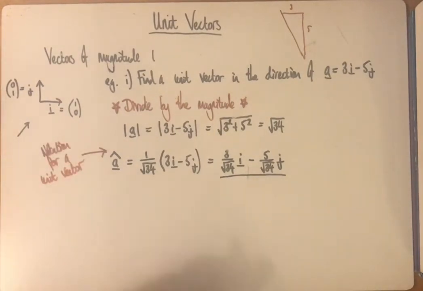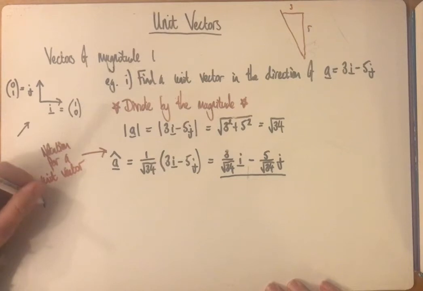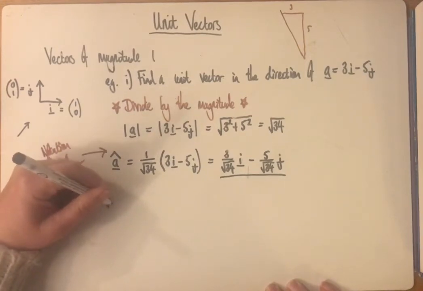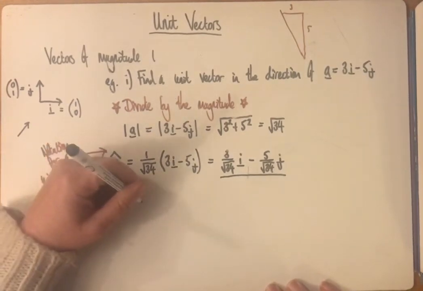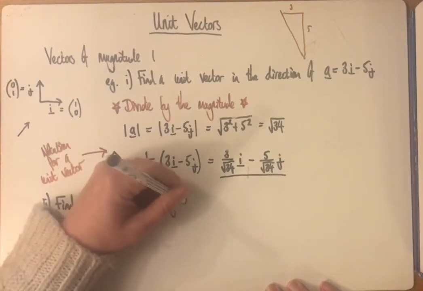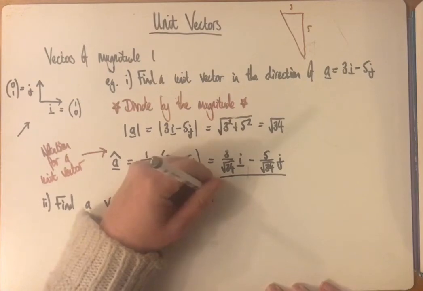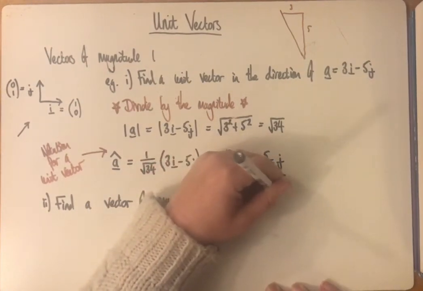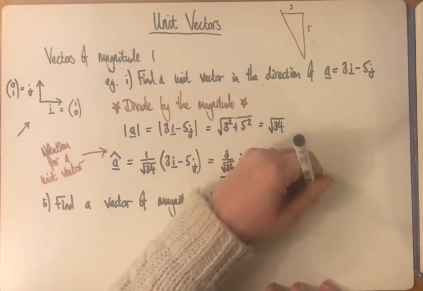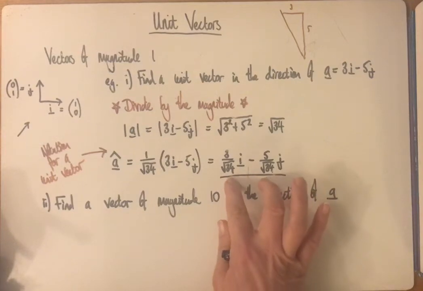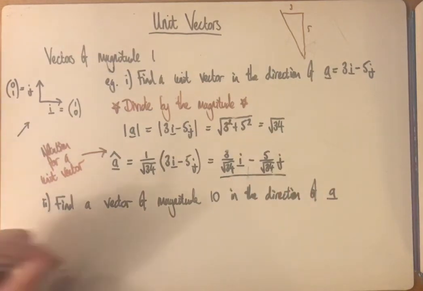Once you've got a unit vector in the direction of a, you can find a vector of any magnitude in the direction of a. So if we want to, for instance, find a vector of magnitude 10, then I can multiply this unit vector by 10.